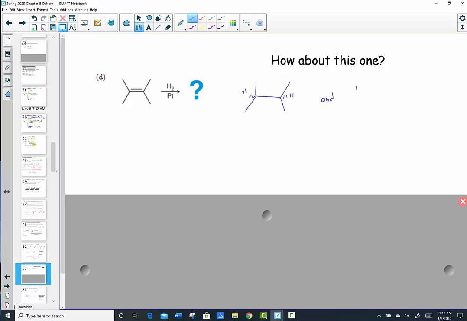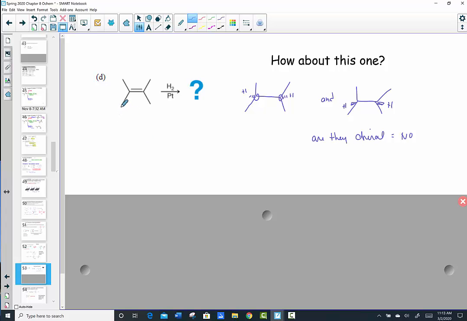But are those chiral centers anyway? And the answer, of course, is no, they're not chiral, simply because these two carbons are attached to like groups, attached to like methyl groups. So you only have one product.